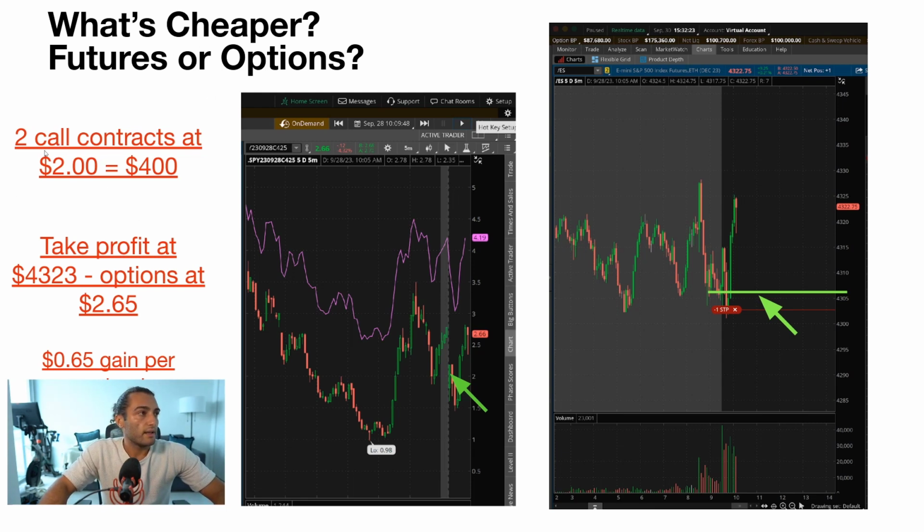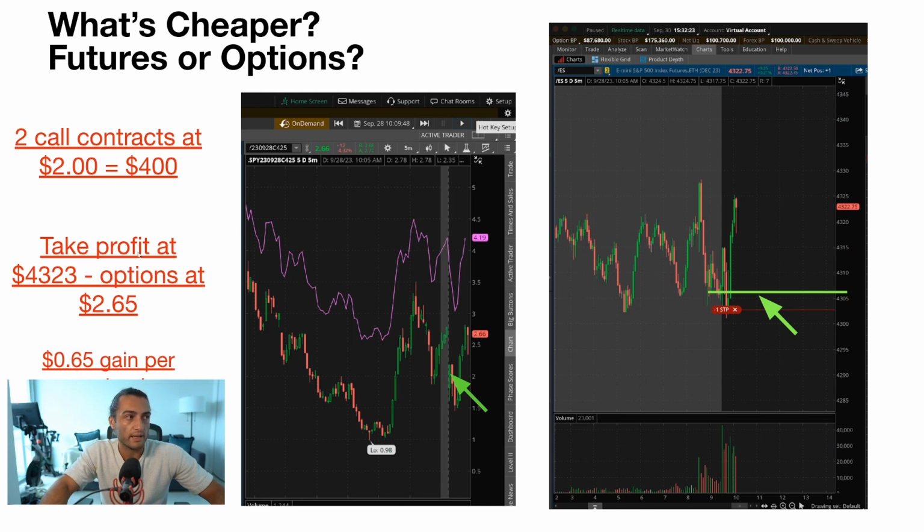So in this case, you buy the same exact move where we're entering the S&P 500 futures trade on the right. Let's say we bought options instead, okay? At that same time of our entry, these options were about $2. So if we buy 2 contracts, that's going to cost us $400.